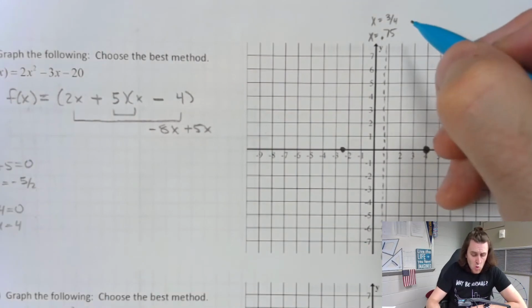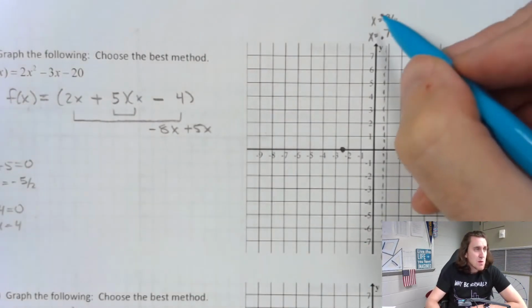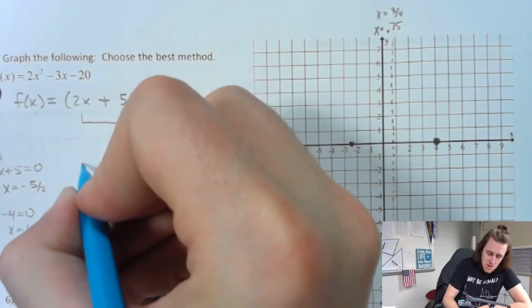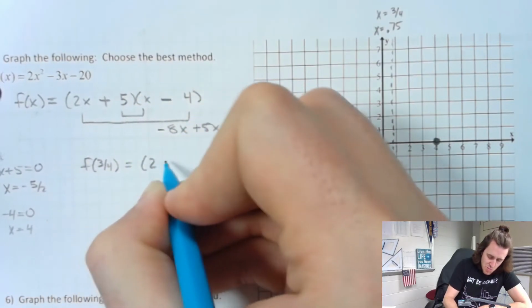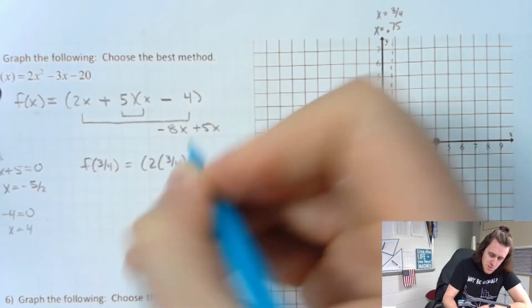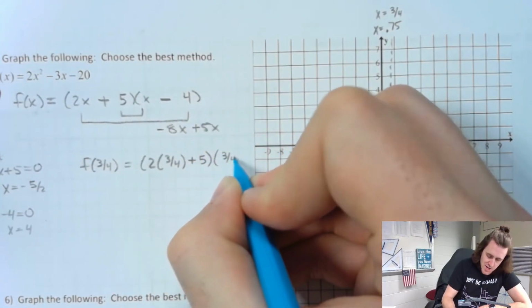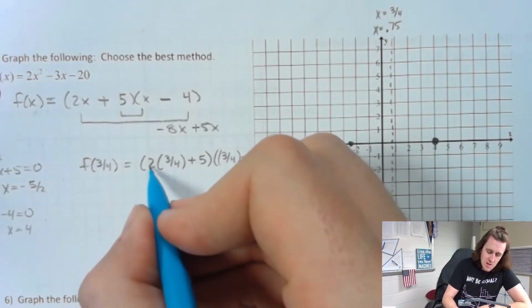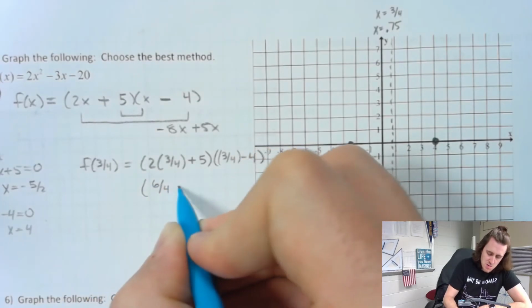And then we want to figure out where the y value goes. So we need to plug in 3/4 for x. So what is f of 3/4? We plug in 3/4 for x. We'll have to deal with some fractions here a little bit. So 2 times 3 would be 6/4.